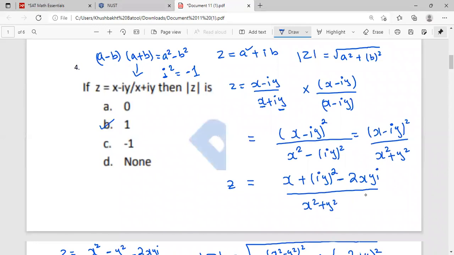So clearly, the thing which you need to understand here is that whenever you come across such a question where you need to find mod, first make z one complex number. Although z is a complex number, it is a fraction of two complex numbers, with complex numbers in the numerator and denominator. You need to be very careful to have one complex number only. How can you do that?